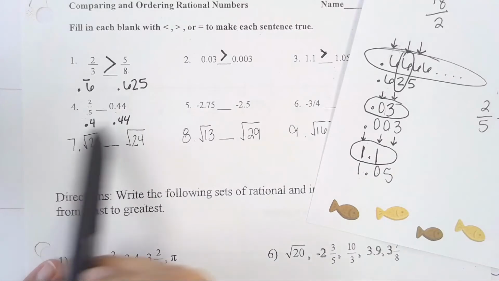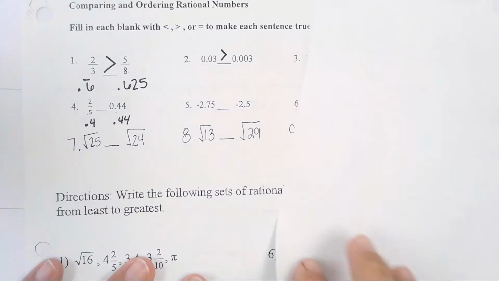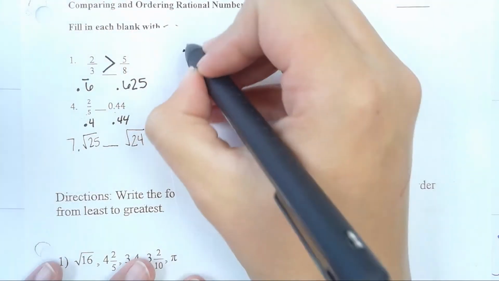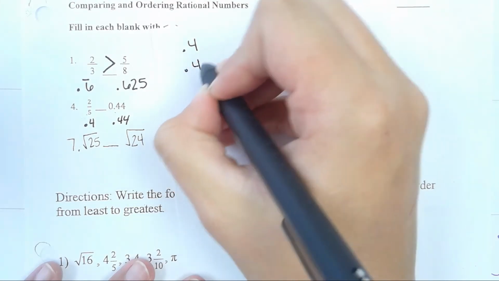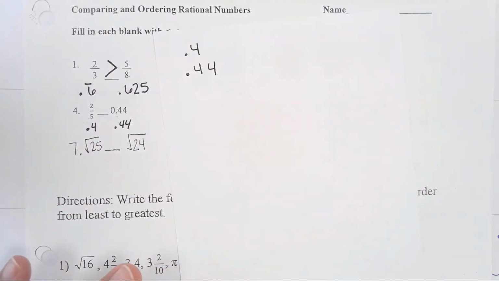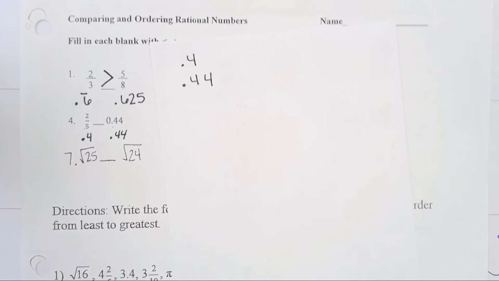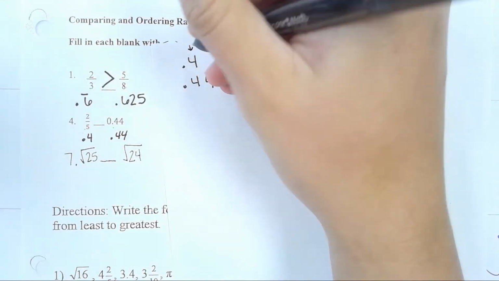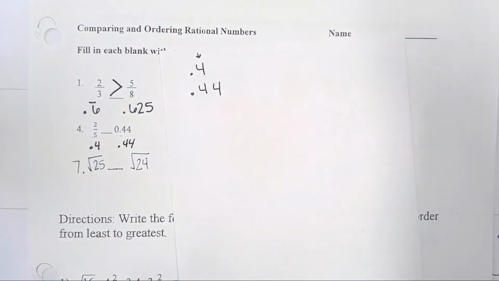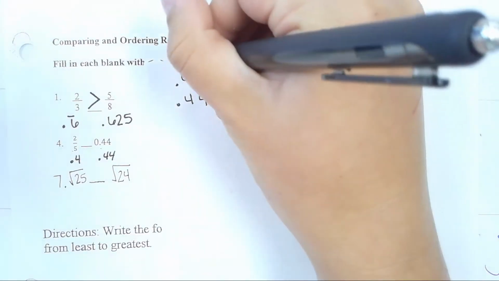So now that we have 2 decimals, we can start lining everything up. So I have 0.4 and I have 0.44. So again, you're just looking at each position. If you look at the tenths place, you have 2 4s. 4s are not bigger than each other or less than each other, so that's when you move on to the next column.